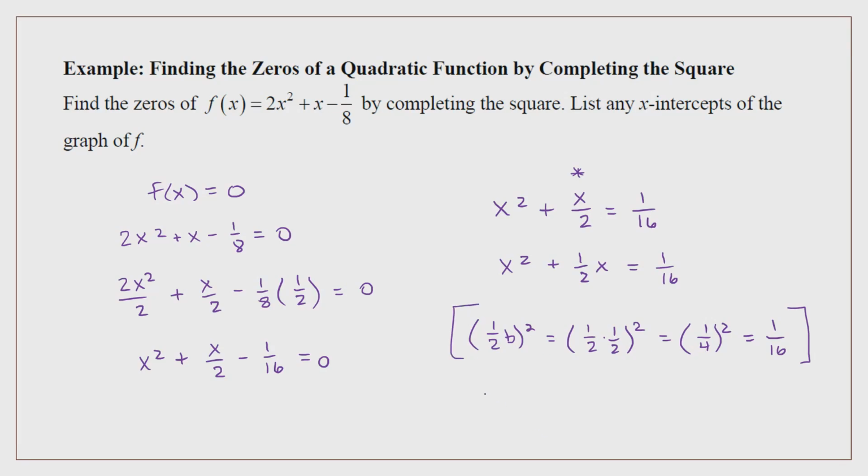Okay. So now I'm going to be adding 1/16 to both sides. So I'll have x squared plus 1/2 x plus 1/16 equals 1/16 plus 1/16. Okay. So now we can simplify the right-hand side by combining like terms, and then we can write the left-hand side in factored form.